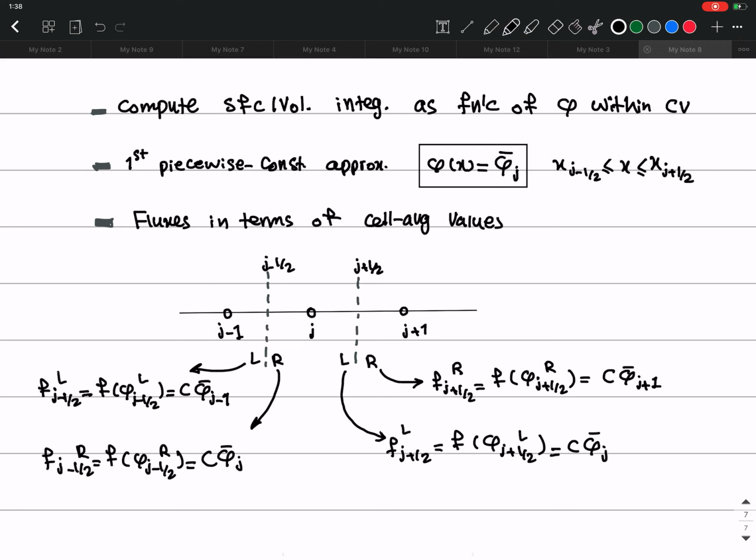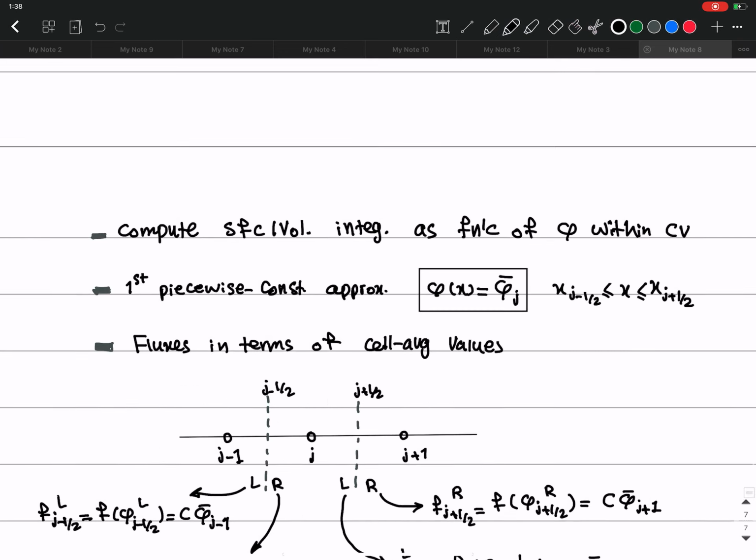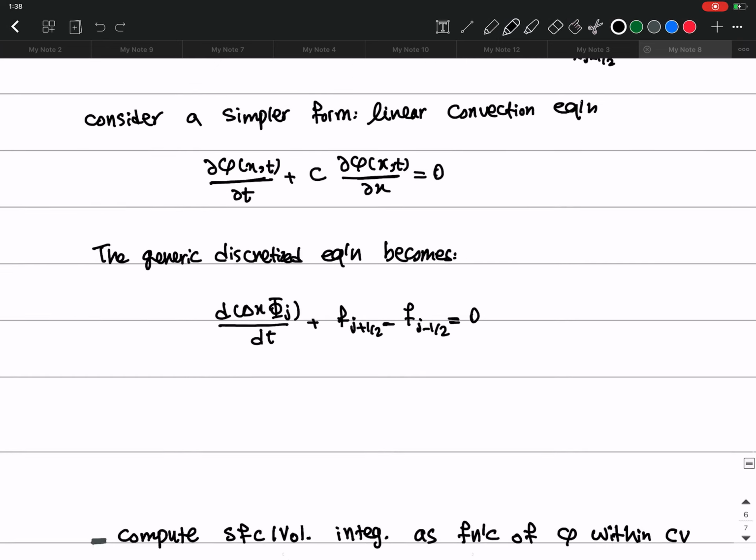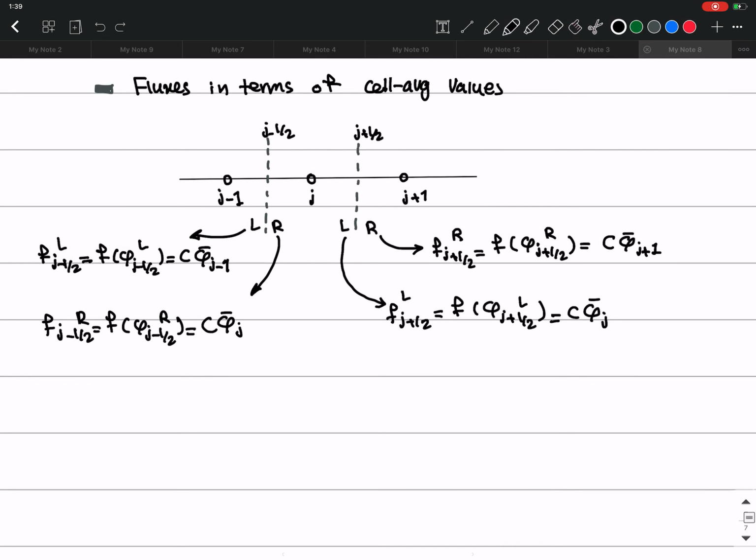So you see we have some flux discontinuity here for the flux terms. If we want to put it in this form, we have discontinuity depending on whether we are choosing the right one or the left one. Okay, so to resolve this discontinuity, we use this method. We simply average them out.